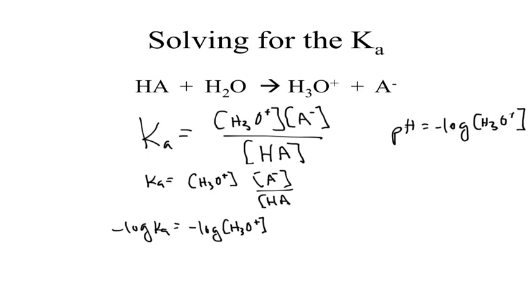One of our distribution rules with logs, anybody remember? The negative log of something times something is the same as the addition of those species. So I can distribute that negative log through. Oops, that's an A.